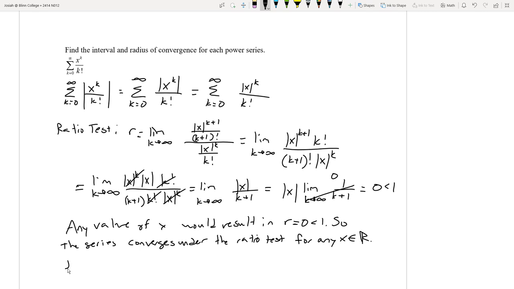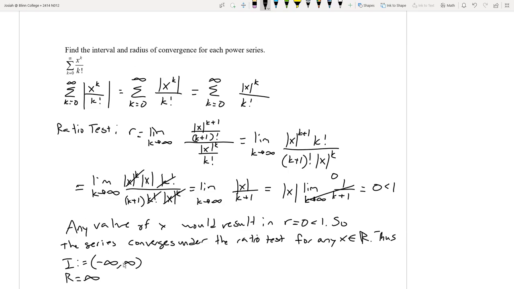And so I will be defined to be equal to, these are the values of x that work, and we say the colon and the equals defined to be equal to negative infinity to infinity. And so r would be equal to infinity. Thus, there is our interval, our radius, that's what we were asked for.